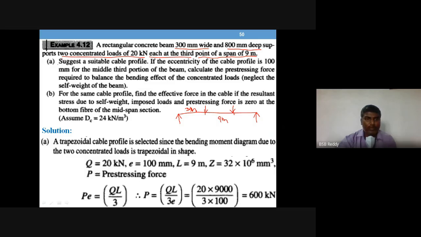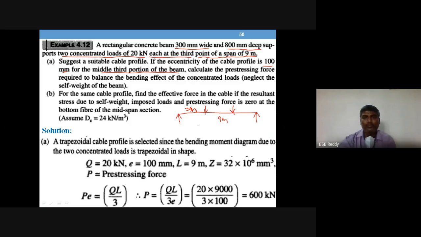Now question A: suggest a suitable cable profile. A suitable cable profile for this is trapezoidal, if the eccentricity of the cable profile is 100 for the middle third portion of the beam. Calculate the pre-stressing force required to balance the bending effect of the concentrated loads.